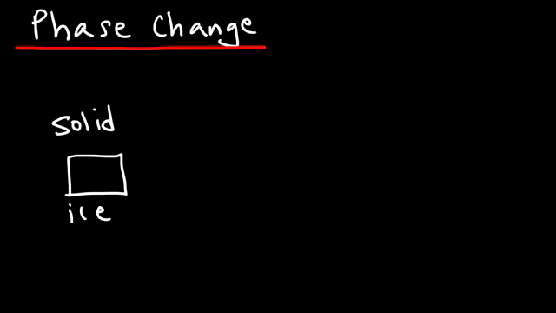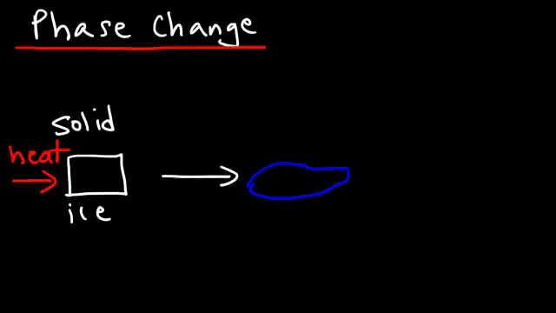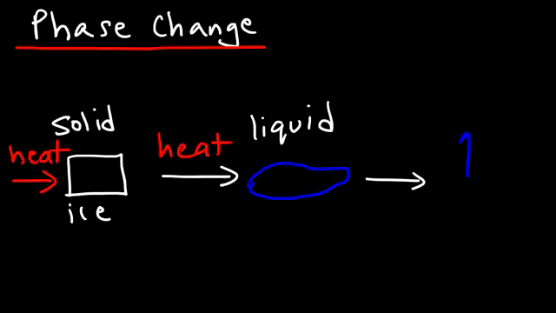If we add heat to ice, it's going to melt and turn into basically a puddle of water. So it turns into a liquid. Now, if we add more heat to this liquid, it's going to vaporize into a gas, and so it becomes steam.